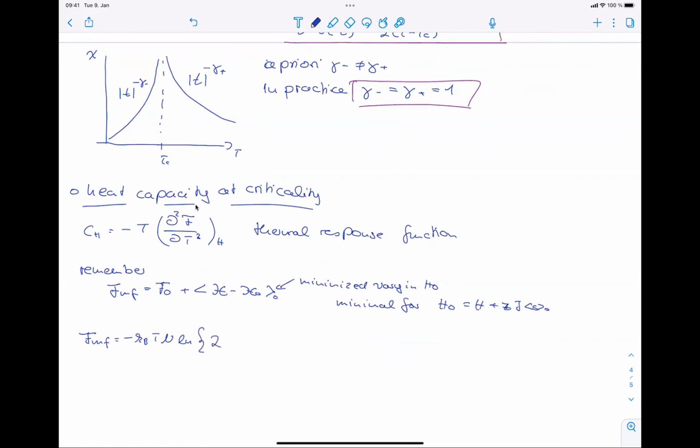So this is the free energy of the paramagnet. And then these are the terms arising due to this second term.